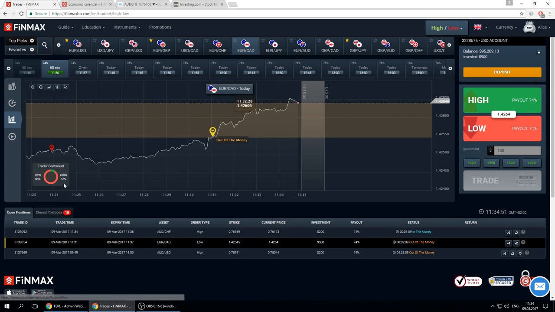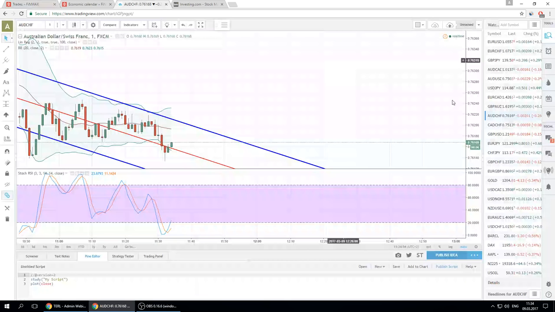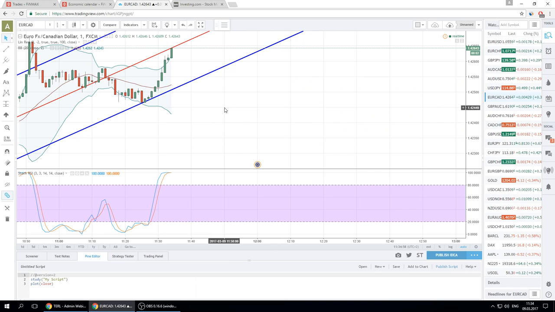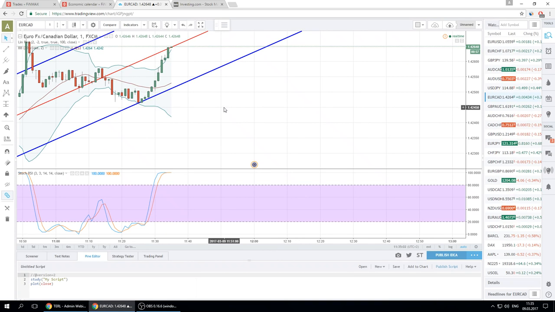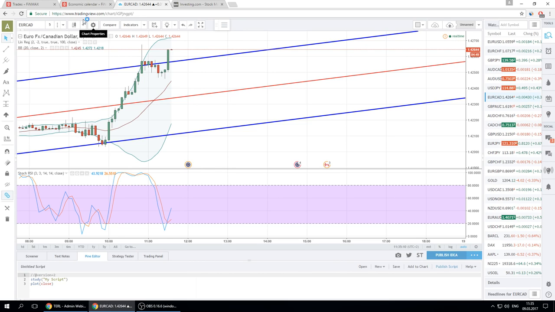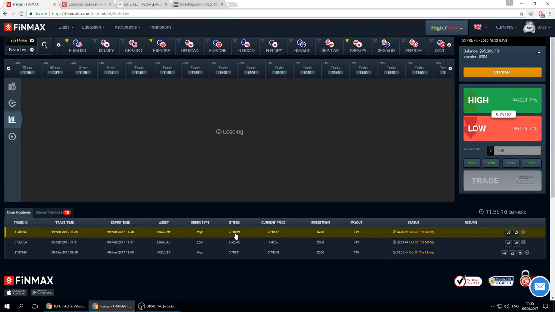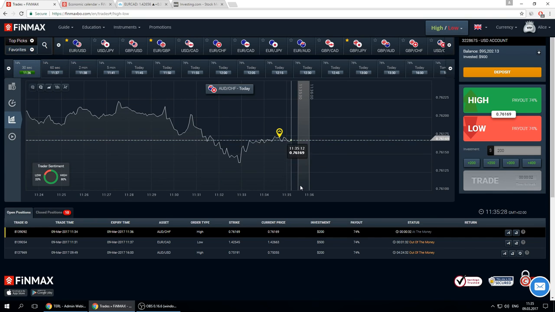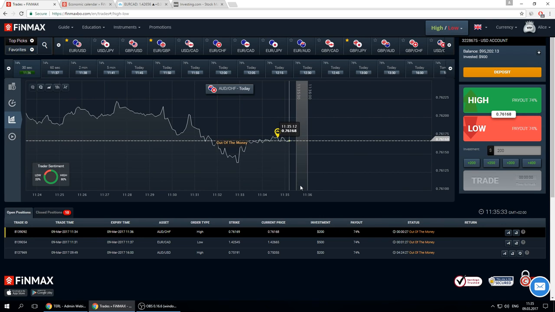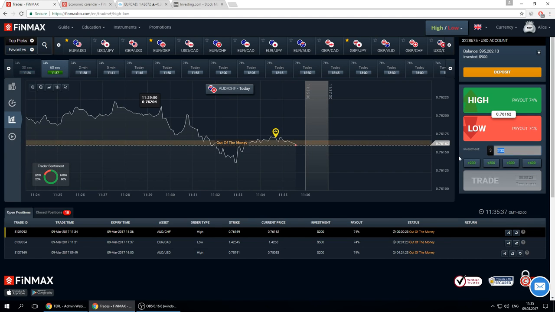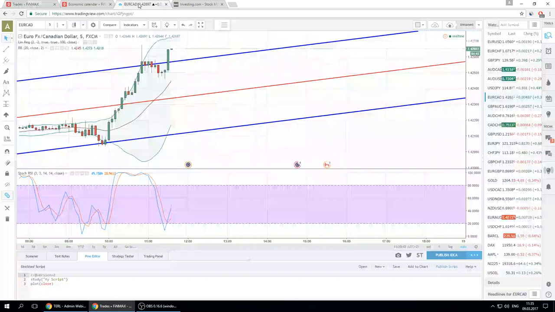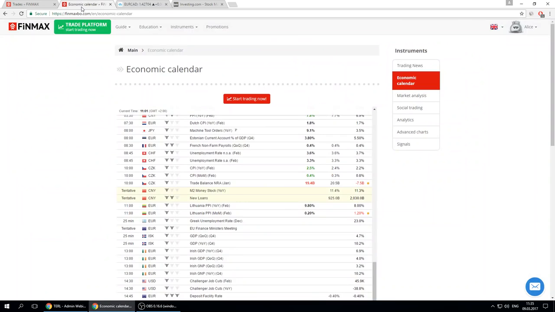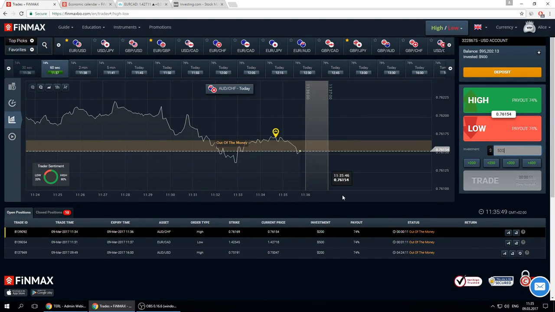We have already opened 10 trades. The market is going against our trade for now.